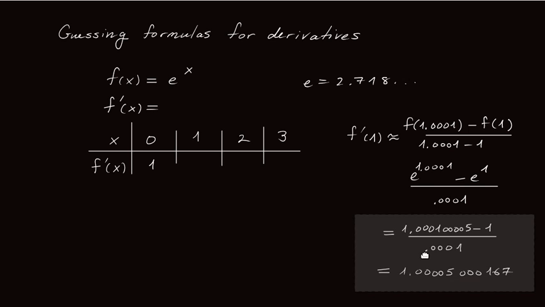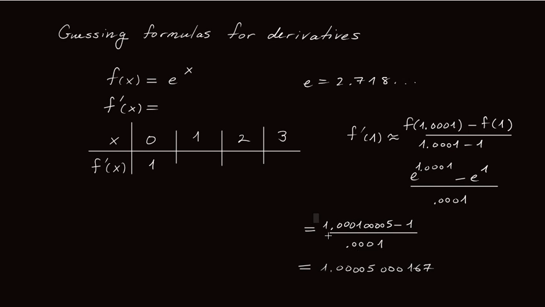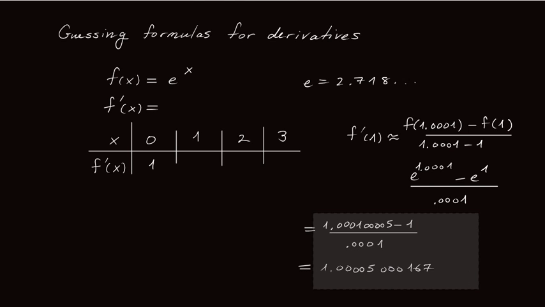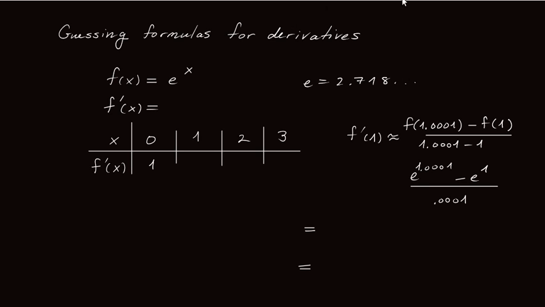Now I plug those into my calculator, and what I find is that e to the 1.0001 is about 2.718553670023.